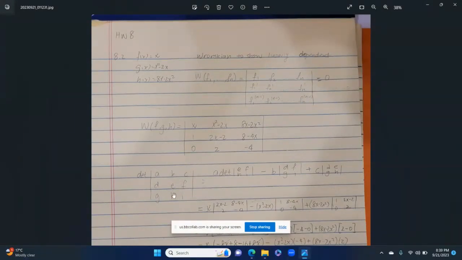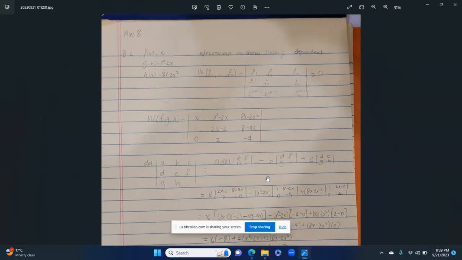So again, you block the B column, which is the number 2 column, and you take the determinant of DFGI, and then you plus C times the determinant similar as before. You block the C column out, and then take DEGH. And the key here is you have to minus and then plus. How I remember it is it's negative, positive, and it keeps going on as your matrix size increases.